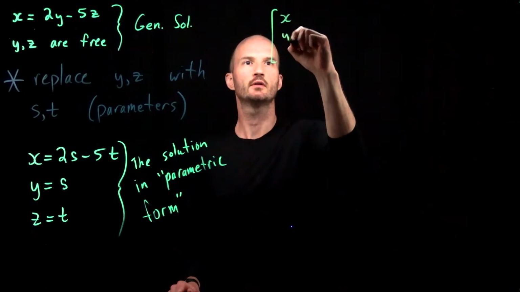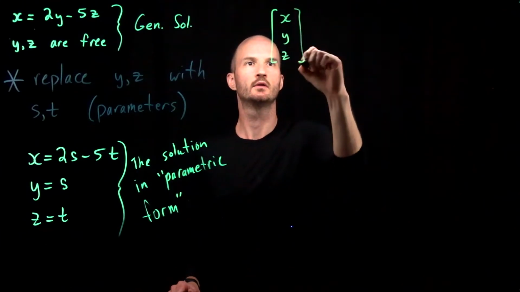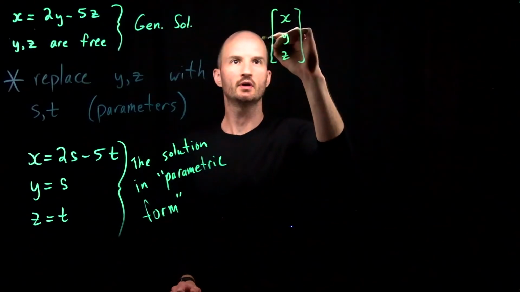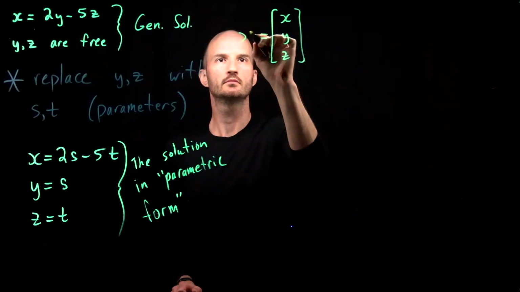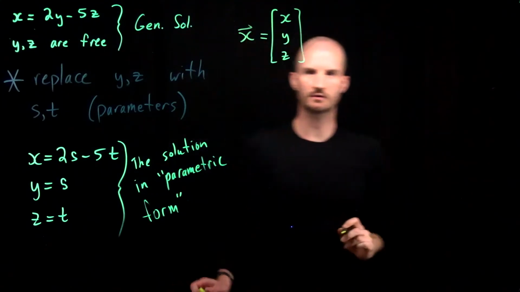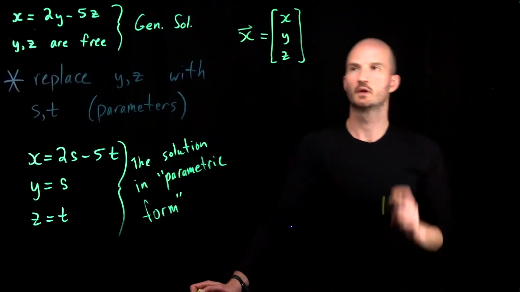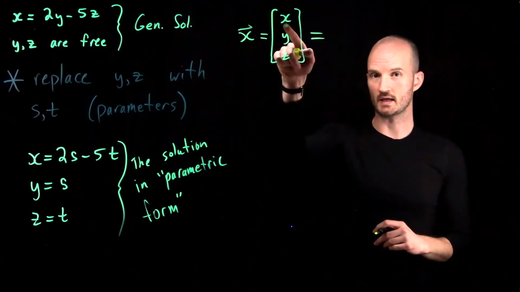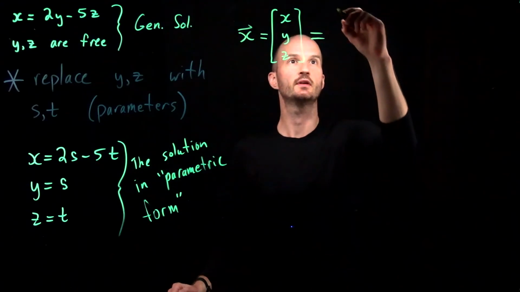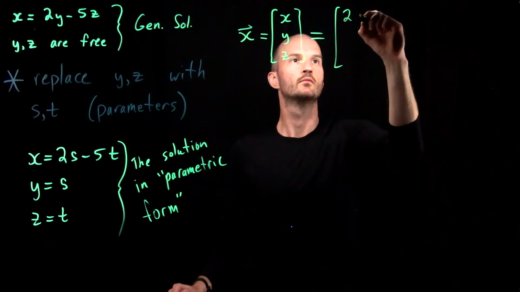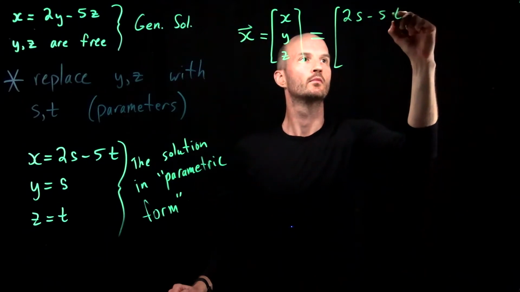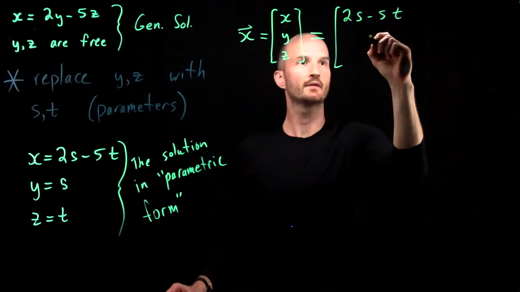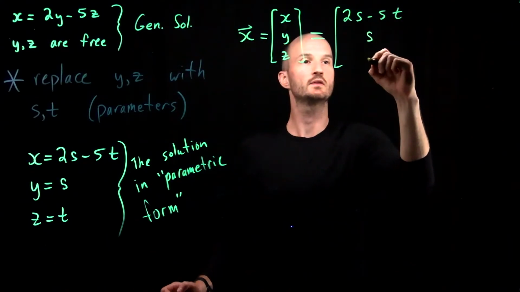So you have your vector x, y, z, which I'm going to call just the vector x. Now what's this x here? Well, it's 2s minus 5t. And then y is s, z is t.